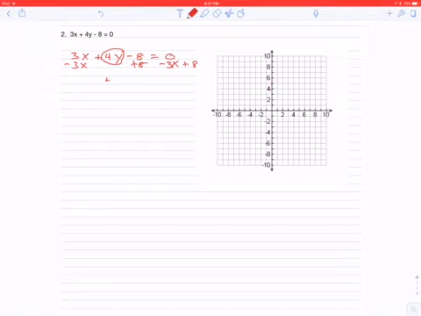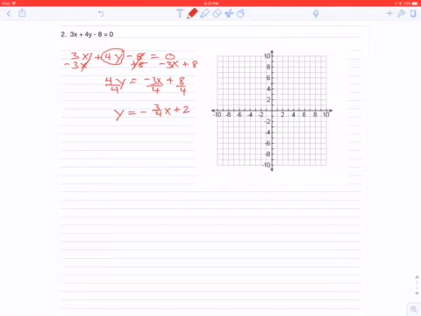So I have 4y equals negative 3x plus 8. Then I'll divide each term on all sides of the equation by 4. I'm left with y equals negative 3/4 x plus 2.